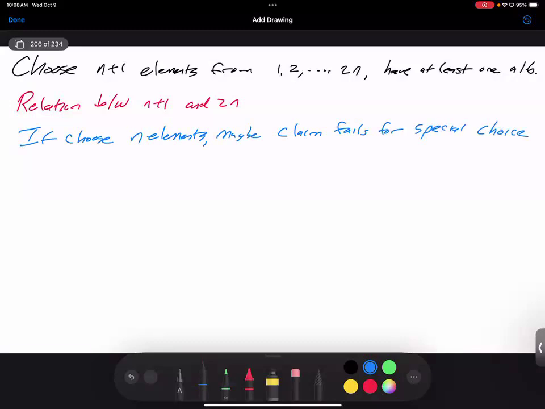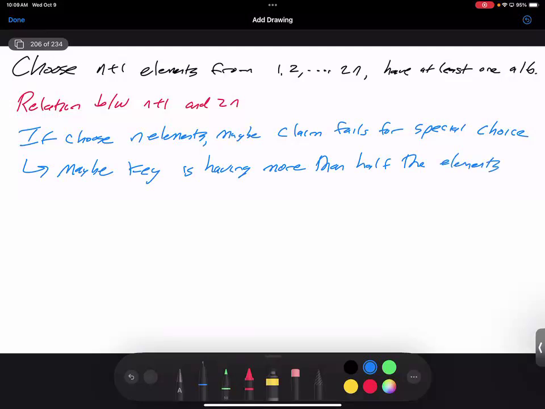So you always want to get a sense of why they're choosing what they choose. What's the difference between n and n plus 1 relative to 2n? Good, one is greater than half. So maybe the key is having more than a half. If it's more than half the elements, maybe we're putting things in pairs.